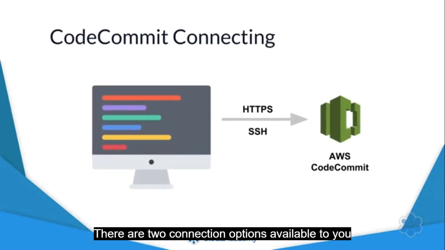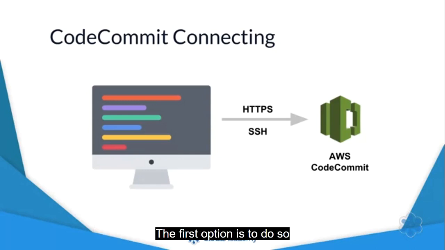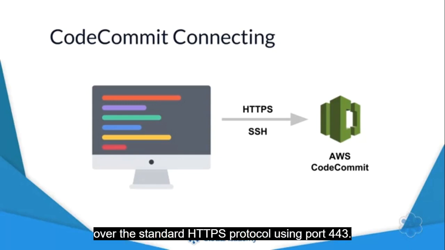There are two connection options available to you when attempting to connect to your AWS CodeCommit hosted Git repositories. The first option is to do so over the standard HTTPS protocol using port 443. This is useful when working behind corporate firewalls that may block other types of outbound traffic.